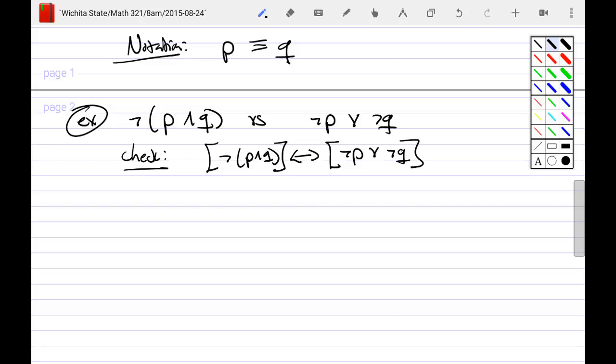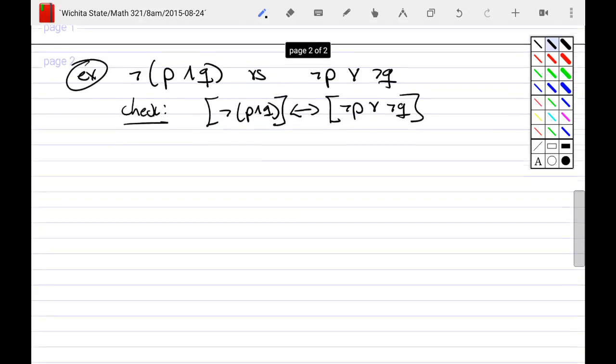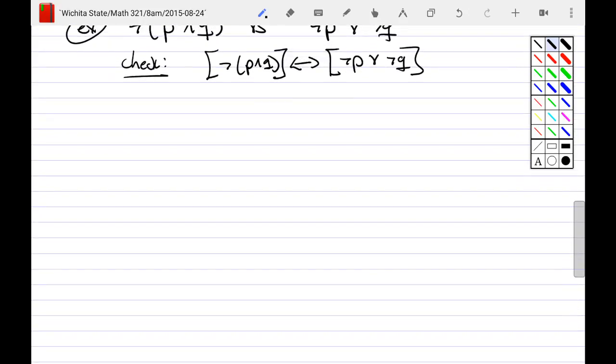So I make this larger compound proposition based upon my two compound propositions. We only have P and Q. So we have true, true, false, false, true, false, true, false. Obviously, I'm negating both P and Q, so we get our not P. And actually, I can just do that in our head.